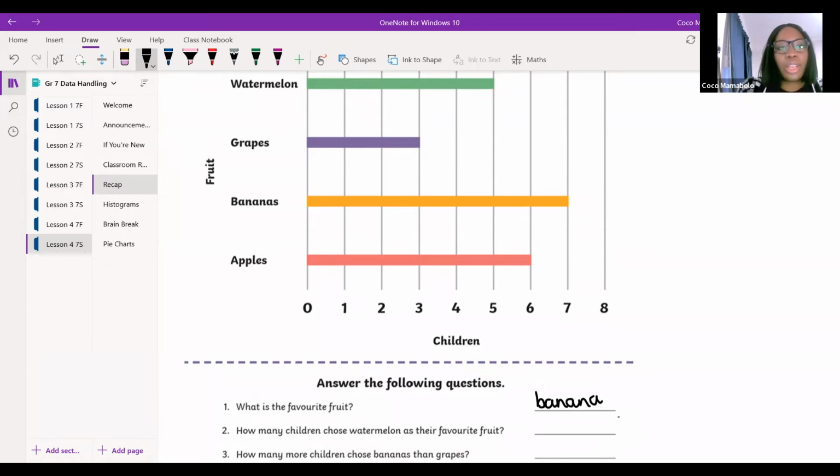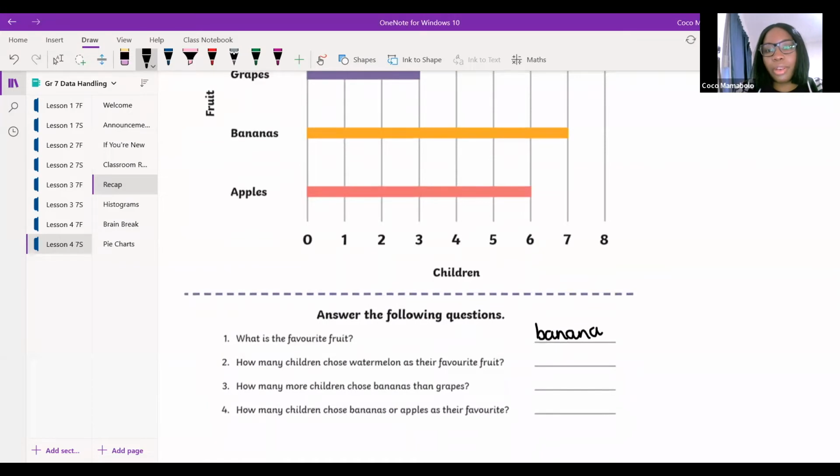Can you let us know, Boucher? How many kids chose watermelon as their favorite? You can unmute. Ma'am, 5 people chose watermelon. Good. 5 people chose watermelon. Excellent.